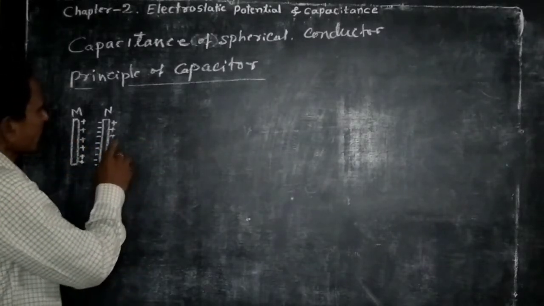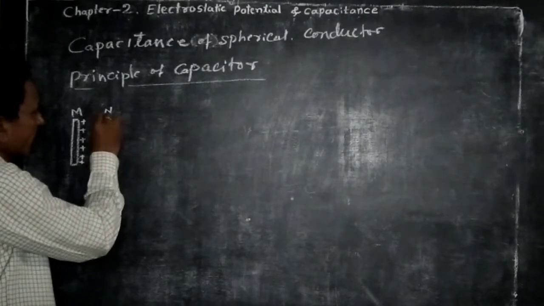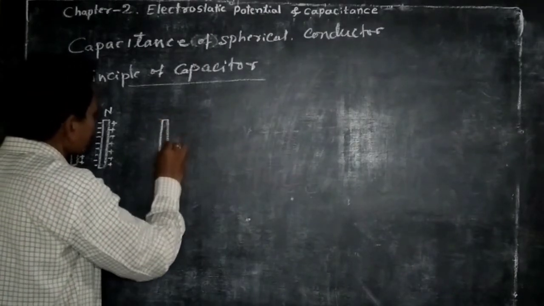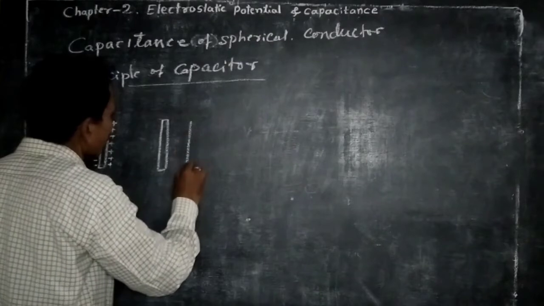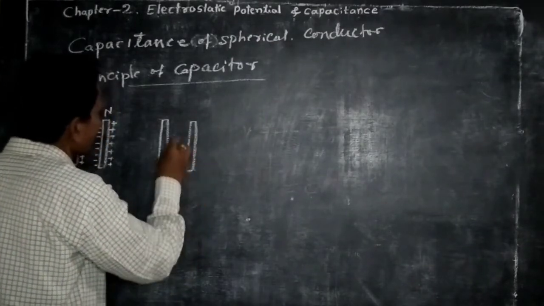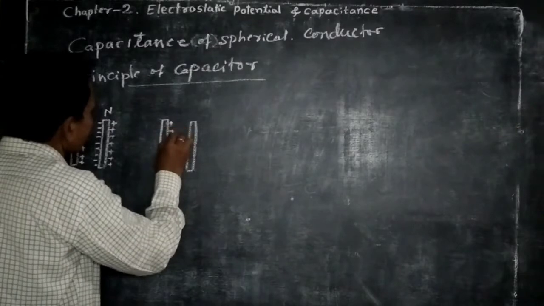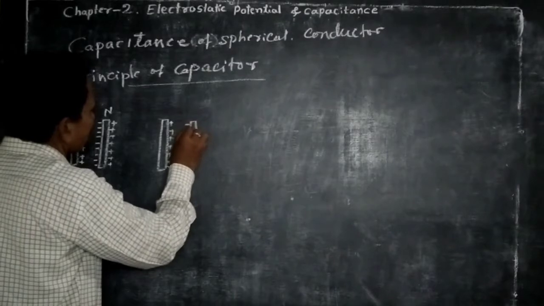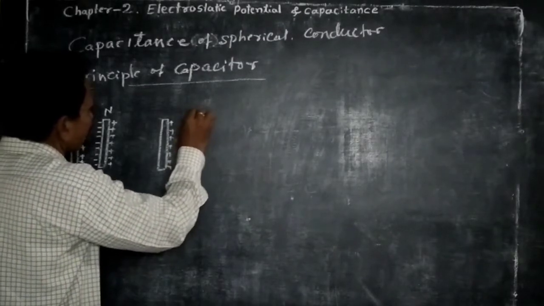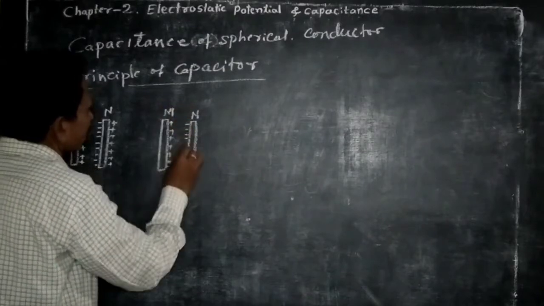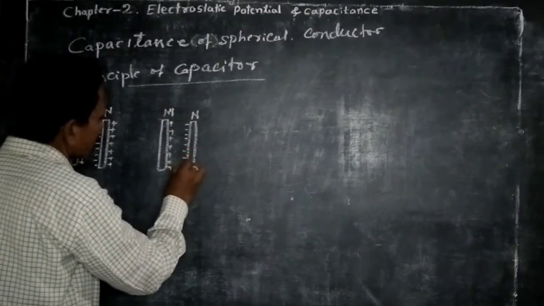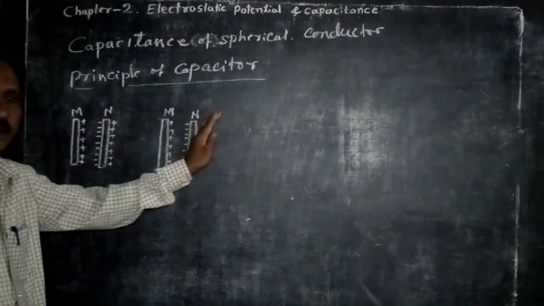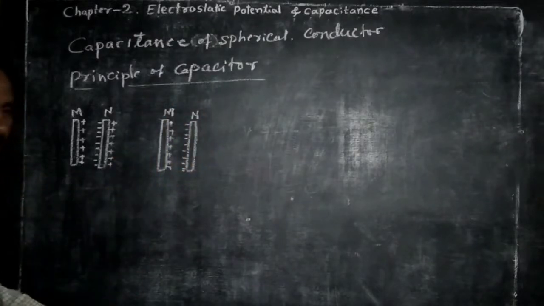And now, if plate N is earthed, consider the same conductor, that is, it is positively charged, and on the inner surface of N, negative charges are induced and positive charges on the further surface, the outer surface.